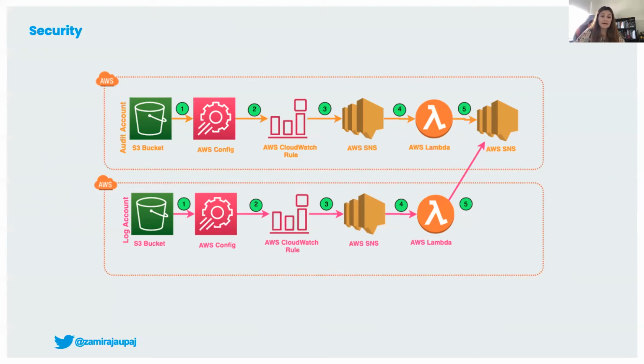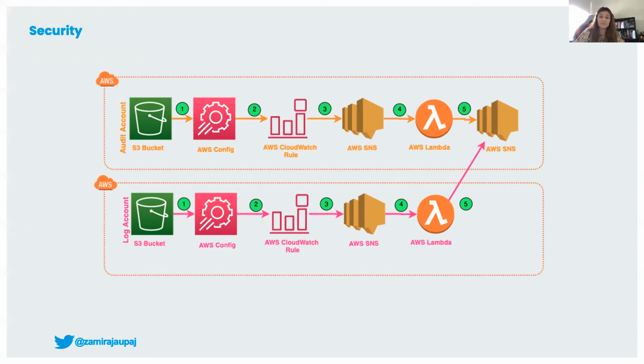Let's see: a user is going to create a public S3 bucket, or probably change an existing bucket from private to public, and this user is not allowed to create this bucket. AWS Config checks that your S3 bucket does not allow public read access.